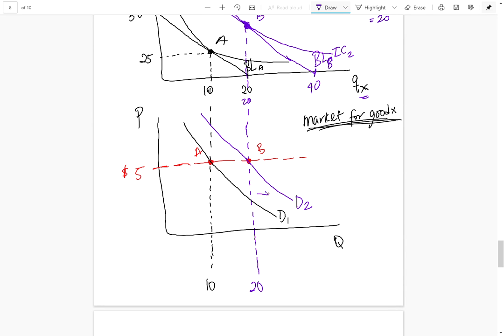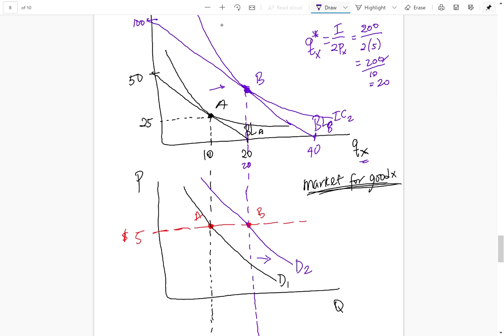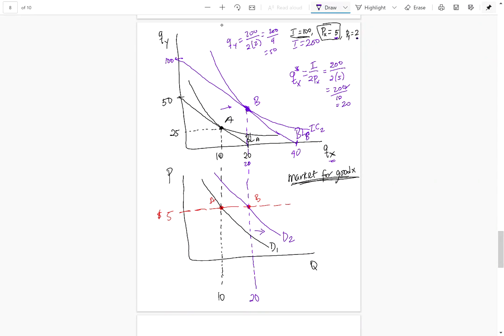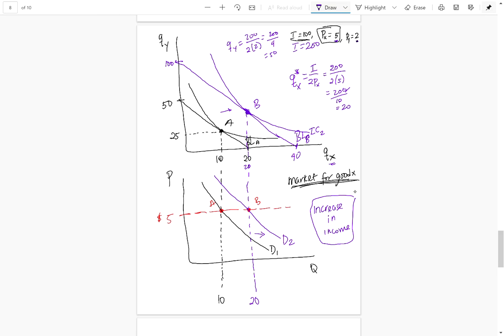And that shift from D1 to D2 is due to the shift of the budget line that we saw earlier. And the reason why there was that shift of the budget line is the increase in income that this consumer now has. So we can see here from this video how an increase in income causes a shift of our demand curve. And we see it through the optimization of the consumer's choice.